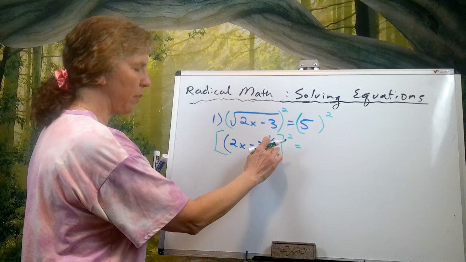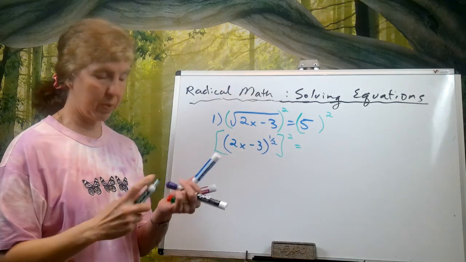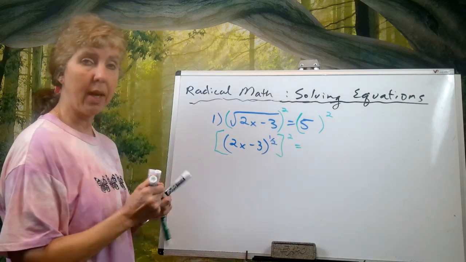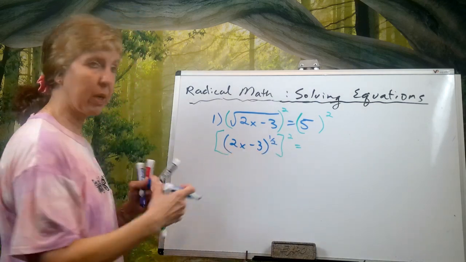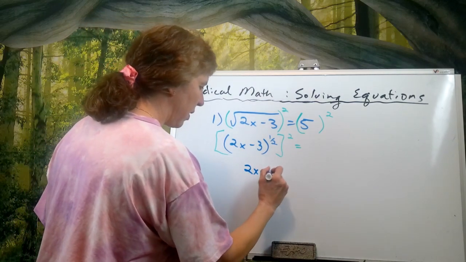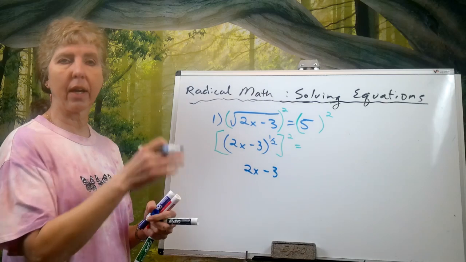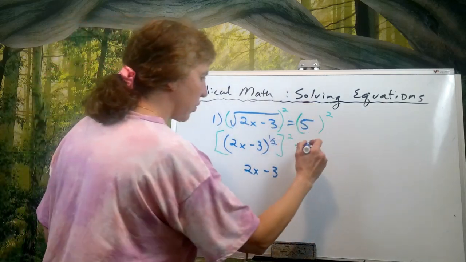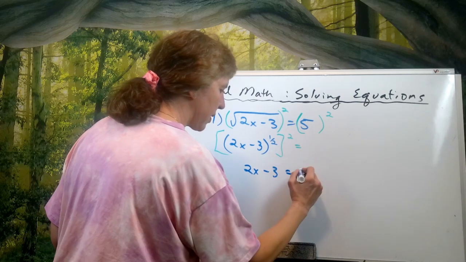When you have a power raised to a power, you multiply your exponents. In other words, 1/2 times 2 is 1, and so you get back your 2x minus 3 to the 1st, as it were. Effectively, I have eliminated the square root sign. Okay, making sure I square this side as well.